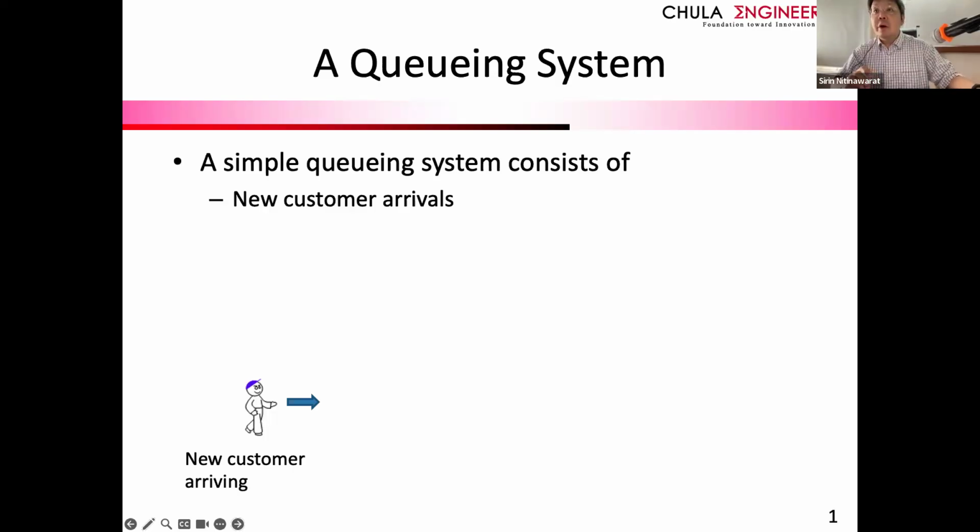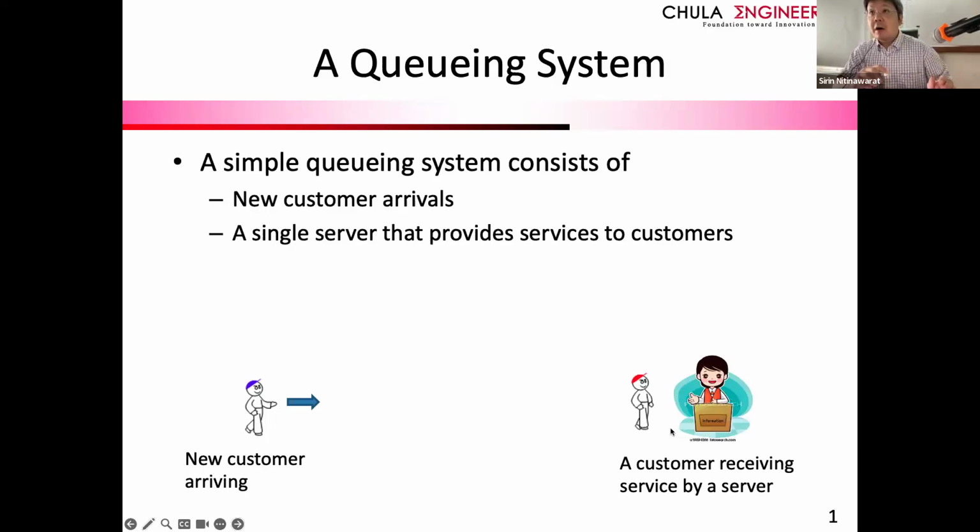Most likely when you go in, you're not alone. Some customers are already being served, and you as a newcomer have to come in at the back of the queue. So when you arrive, you are the latest customer.